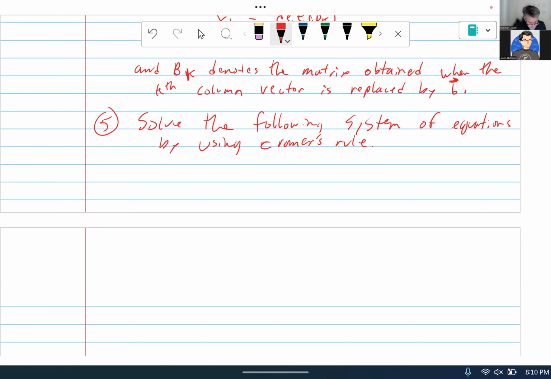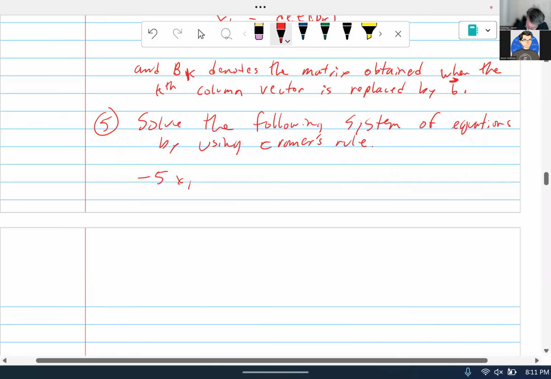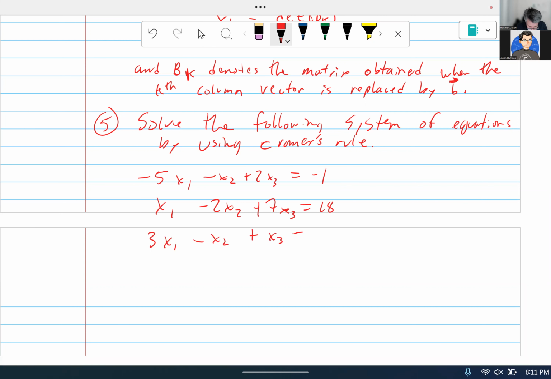The system is -5x1 minus x2 plus 2x3 equals -1, x1 minus 2x2 plus 7x3 equals 18, and 3x1 minus x2 plus x3 equals 4.